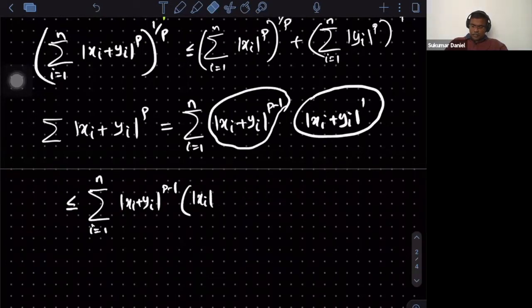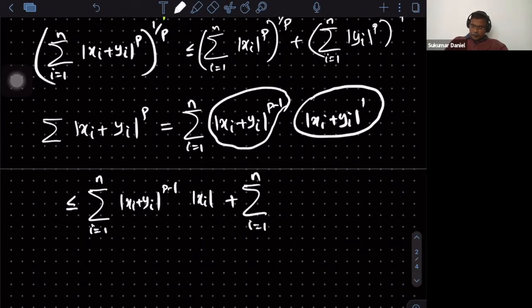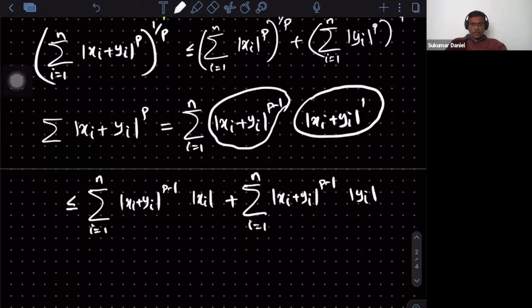What I mean by that is this. After writing this, I can actually write this. You agree? This part? I have used the triangle inequality to split this, and then I wrote it like this. Okay.